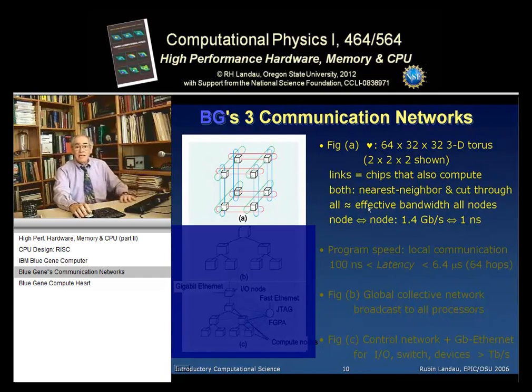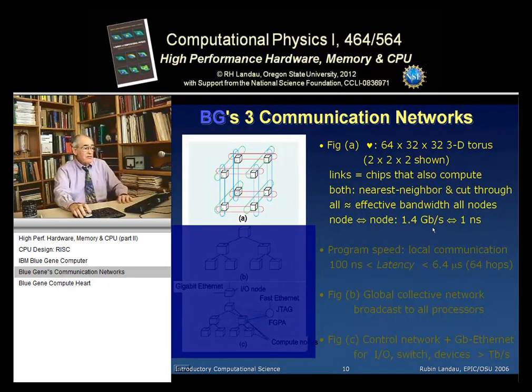And it's designed as much as possible to have approximately the same effective bandwidth for all nodes. So bandwidth is just a commonly used term. It's the amount of data that you can send from one place to another, typically in a certain time interval, but a broad bandwidth means you can send lots of information down the channel, okay?